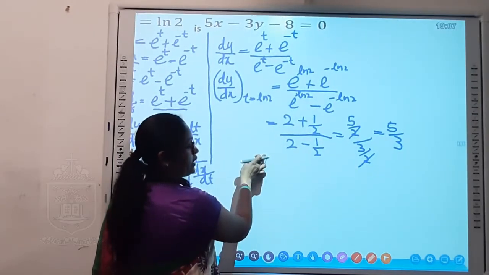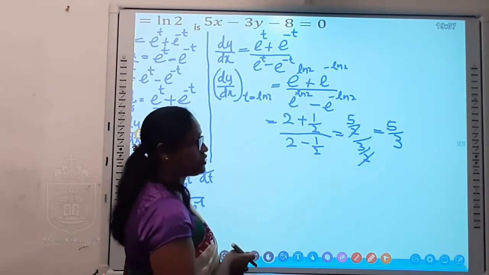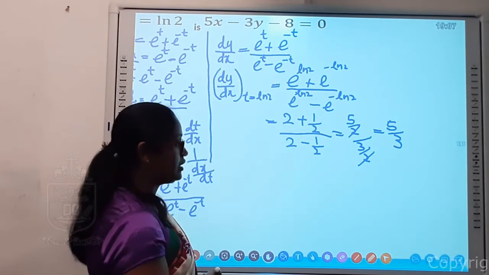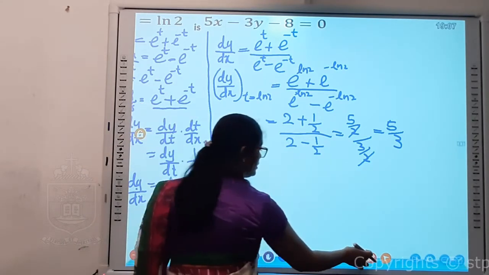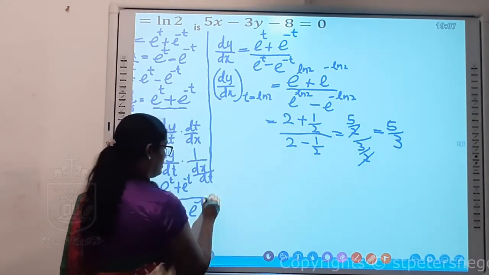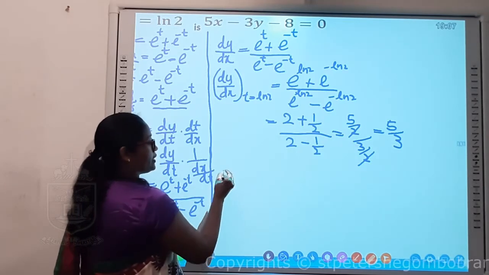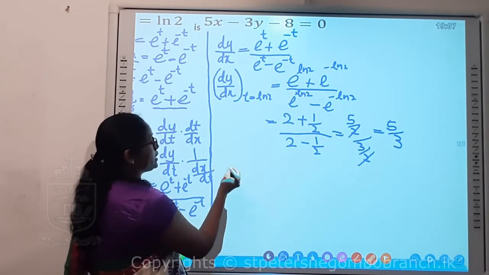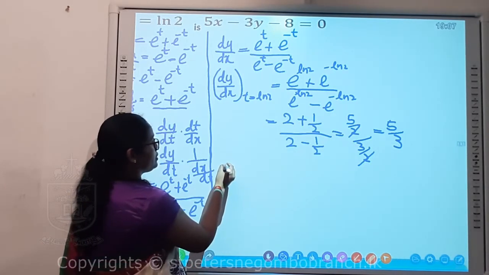Now we have the gradient. To write the equation, we should know the respective point. To find the respective point, I use the initial equations.